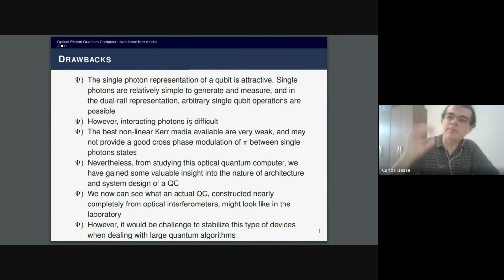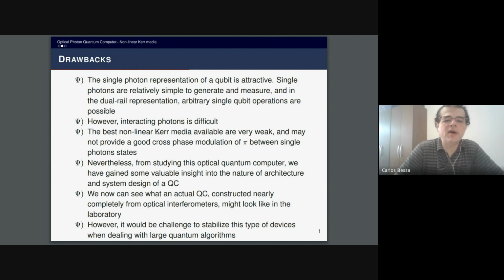So you need a medium to make this interaction. In the case that we were considering, the photon interacts with the atoms in the nonlinear medium, and the atoms interact with the photon. This we call cross-phase modulation, right? And we considered a nonlinear medium or Kerr medium.